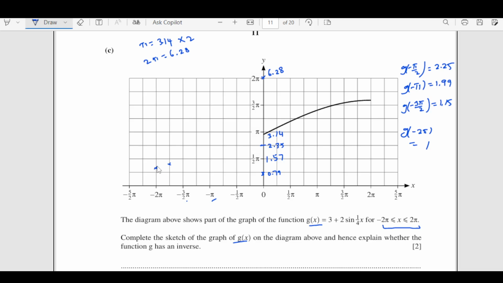So negative 3 pi by 2 is done, and this 3 pi by 2 is here, not this one. Negative pi is somewhere here. So basically it's coming like this.